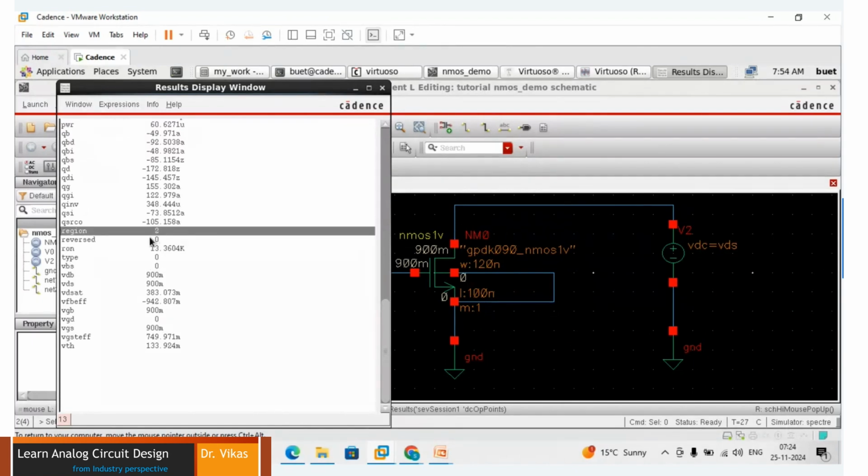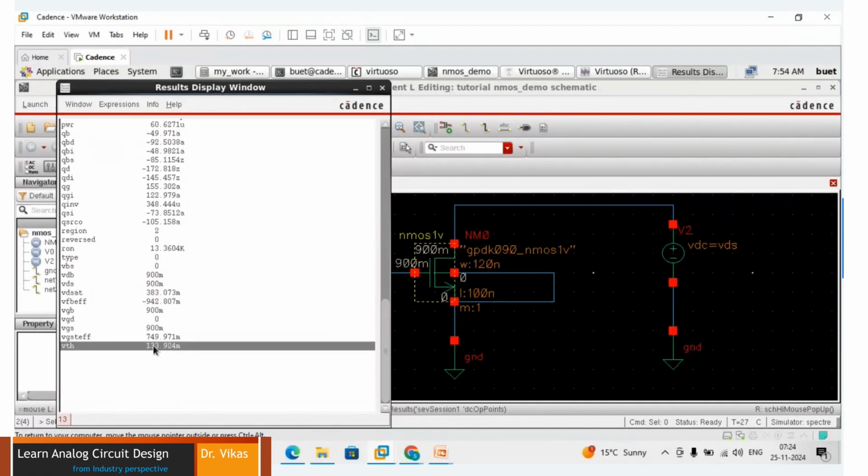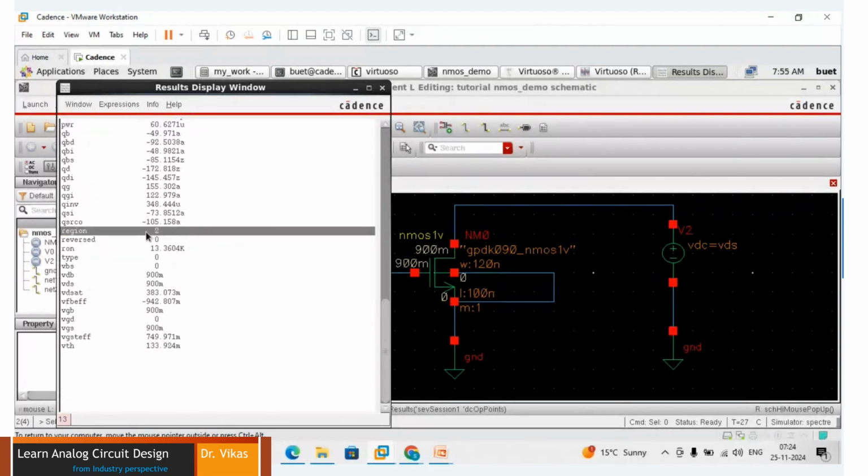That means presently my MOSFET is in the saturation region, because you already applied VDS as 0.9 and VGS as 0.9. The equation of the saturation region is VDS should be greater than VGS minus VT. So 0.9 is greater than 0.9 minus 0.133. That is satisfied, and that's why the region has been mentioned as 2.